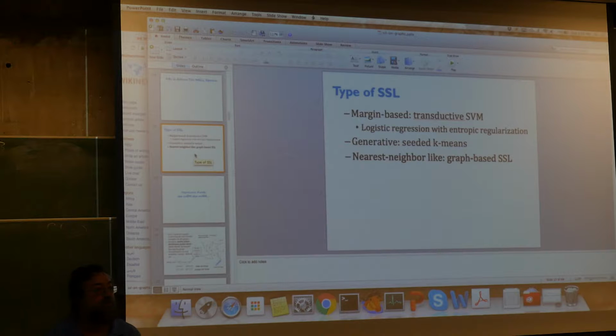So how do you do semi-supervised learning? I'm not going to give you a good survey of this. What I'm going to do instead is dive into one particular family of methods, and I'll talk a lot about those. These methods are pretty different from the kind of supervised learning techniques we've talked about.